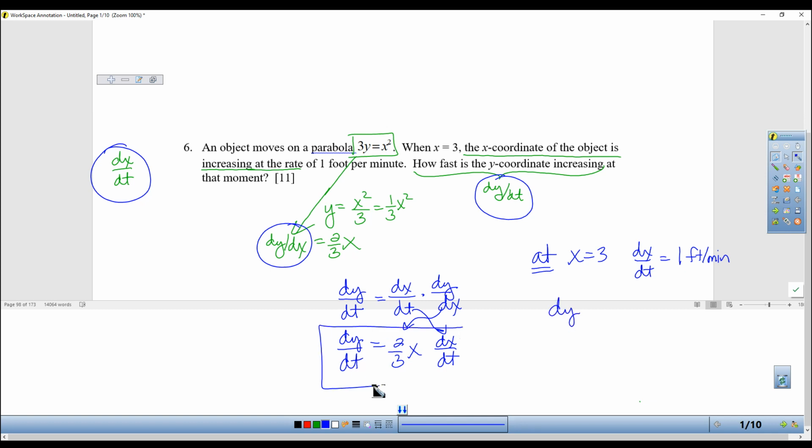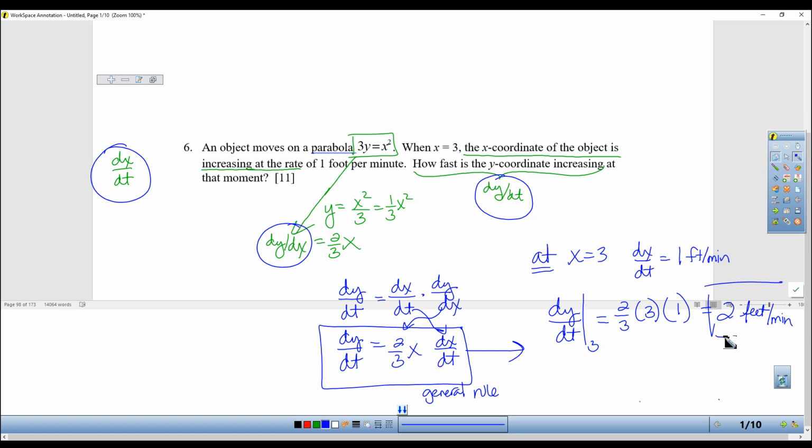While this is your general rule, you can make it into a specific one if you have an actual point. dy/dt at x is equal to 3 is 2/3 times 3 times 1, which is equal to 2 feet per minute.